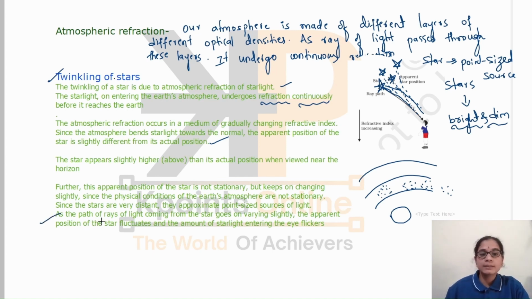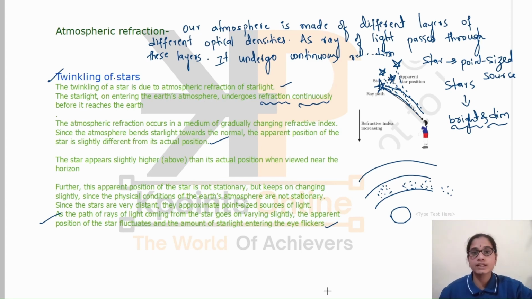So the path of rays of light coming from the star goes on varying slightly. The apparent position of the star fluctuates and the amount of starlight entering the eye flickers. It continuously changes. The amount of light entering your eyes is continuously changing. Because of that, the stars appear to twinkle.